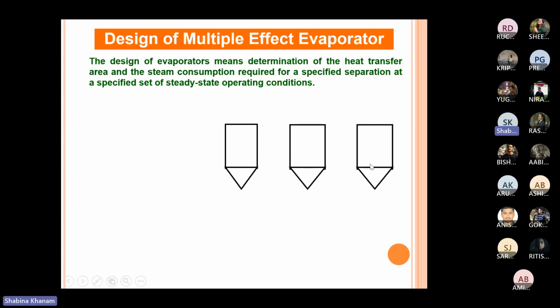These are the three different effects, and each effect includes a heat exchanger, separator and recirculating pipe. That you should keep in mind, this box and this box individually. In this case, feed enters from the first effect, and it exits from here.